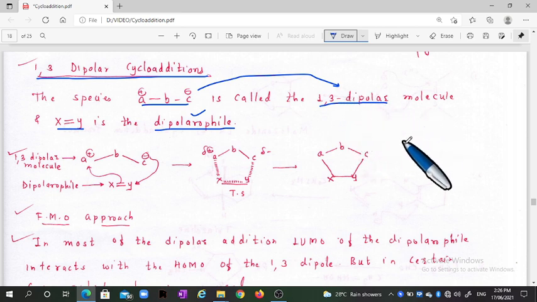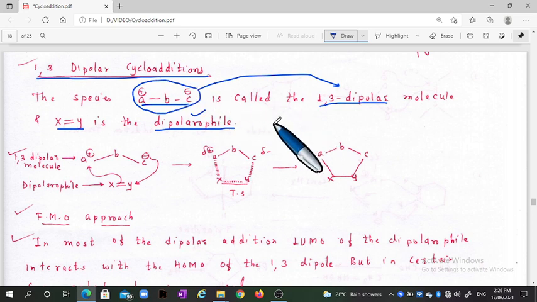Let us discuss about 1,3 dipolar species. This species we have shown here is nothing but the 1,3 dipolar molecule. If we draw this, A plus attached to B attached to the C minus. When we discuss about the A atom, A has 6 electrons in its outermost shell and having plus charge.